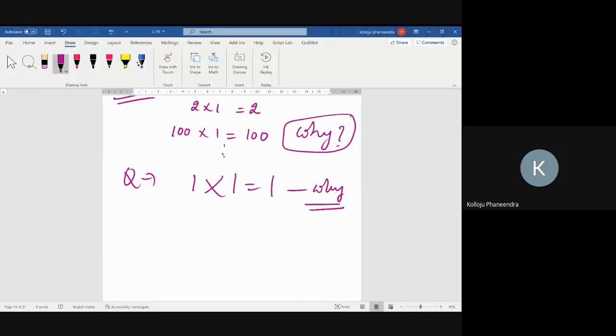You know, in mathematical words. Identity property, multiplicative identity. Yes, this is the perfect reason.